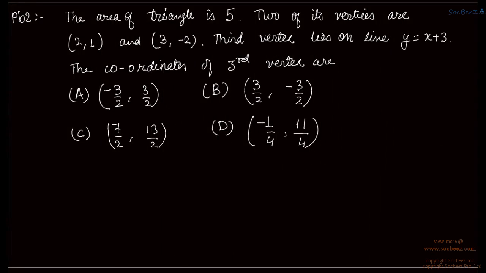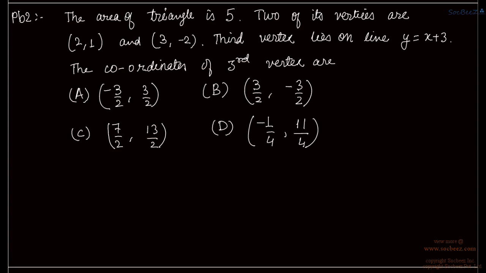So second problem. Given that the area of a triangle is 5 and 2 of its vertices are (2, 1) and (3, -2). Also, the third vertex lies on the line y is equal to x plus 3. So we have to find the coordinates of the third vertex.